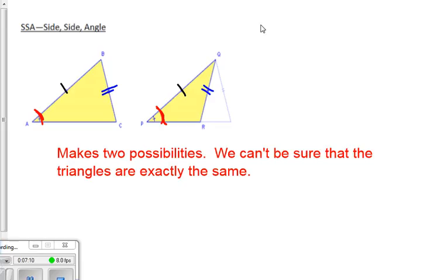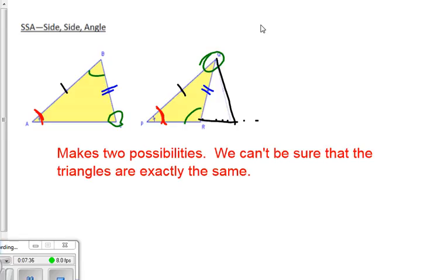Check out the two triangles though. This angle is much bigger than this angle. This angle is much smaller than this angle. Okay, so technically, you can kind of see this shadow over here. This could go over here and be the same length, and then this one would have to come out this way to meet it.